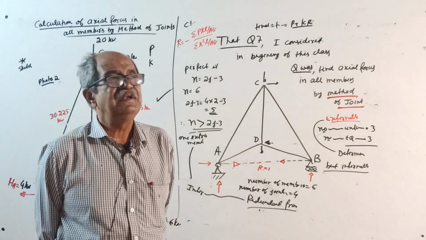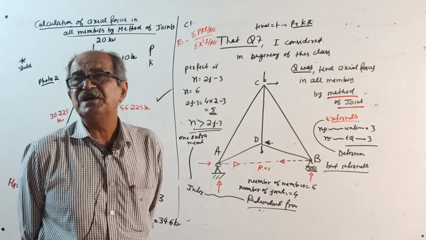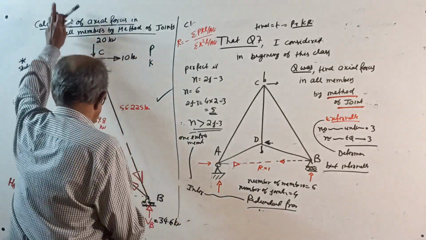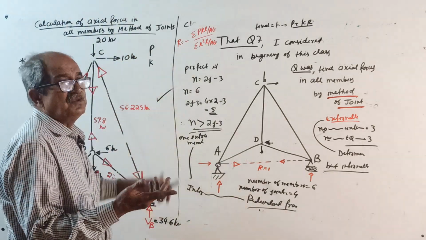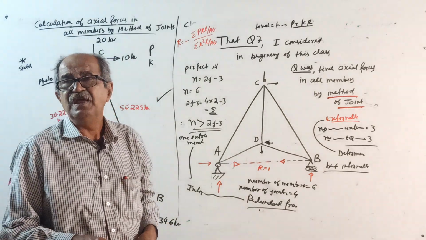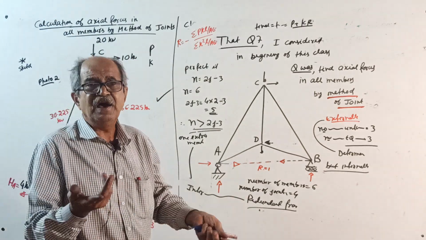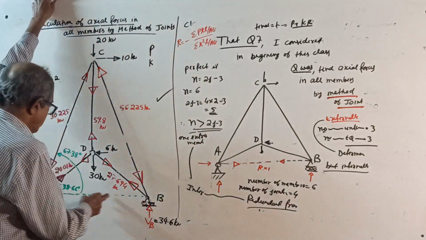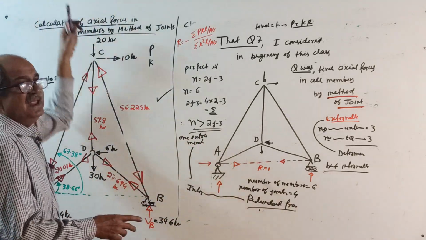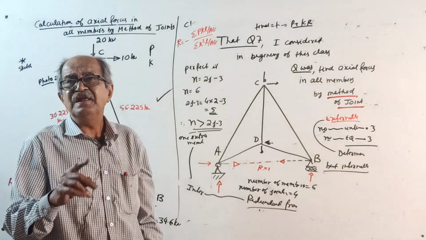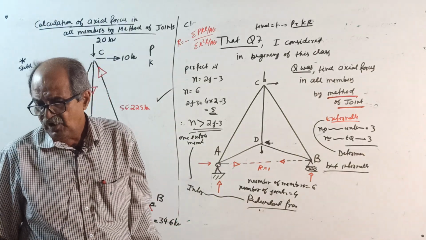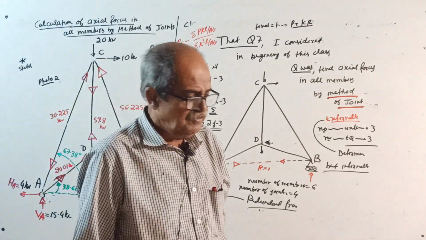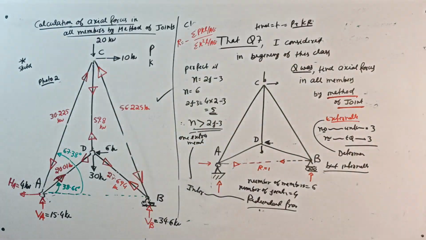Maybe he realized the mistake, and a correction was sent during the examination: remove that member BA and solve. That BA member is not existing. Or, what you have to do is write that the question cannot be solved. You find the reactions and stop the question.